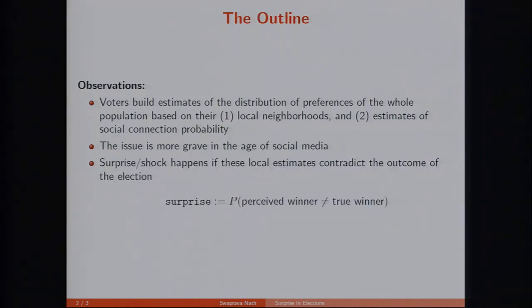And we define surprise as the probability that my perceived winner, suppose I perceive a winner depending on my personal observations, is not equal to the true winner. I get surprised, and we just call the probability of that event surprise.